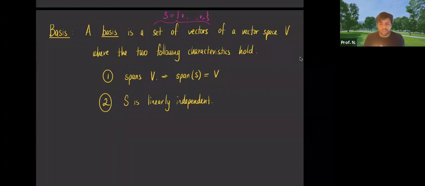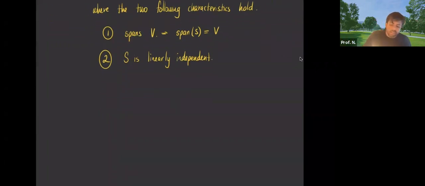These are very special ones. These are called bases. But you have other sets that either span the space but are not linearly independent, so they're dependent, or sets that are linearly independent but don't span the space. And you can see that very easily with the R3 example.